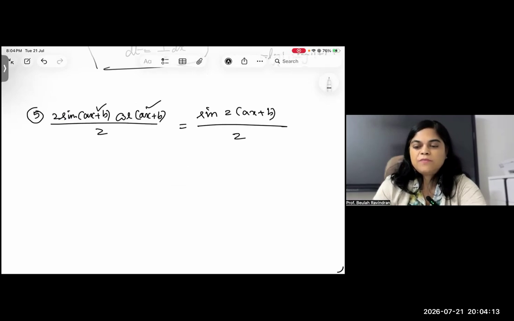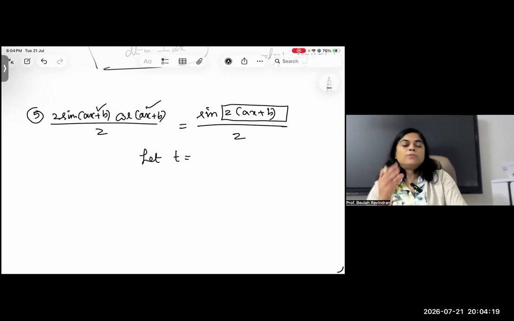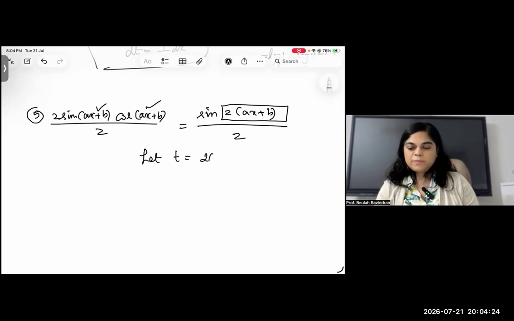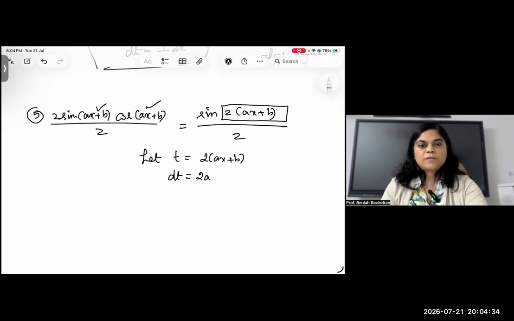And then make this 2 of ax plus b as t. So that is the substitution. In this area only you have to use your creativity. t is equal to 2 times ax plus b. What is dt? dt is equal to 2a into dx. 2b will be 0.